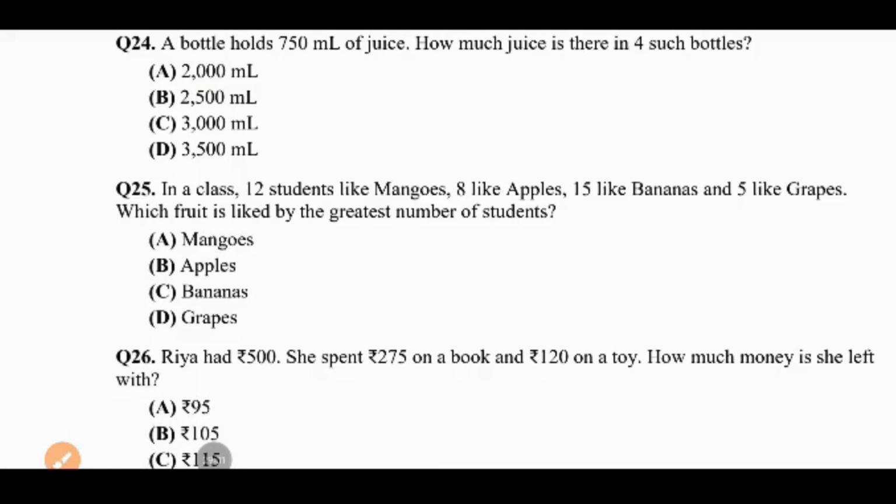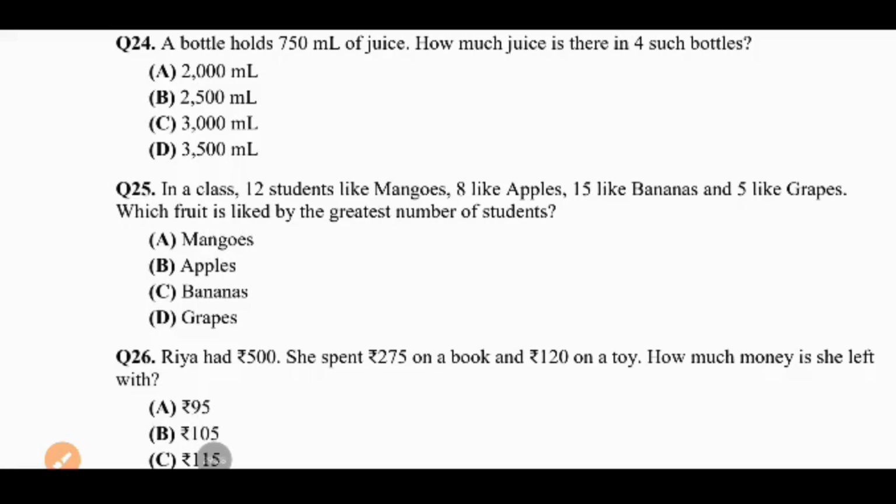In a class, 12 students like mangoes, 8 like apples, 15 like bananas and 5 like grapes. Which fruit is liked by the greatest number of students? So, is this easy or tough? Those who know, please solve it. Others, please see.